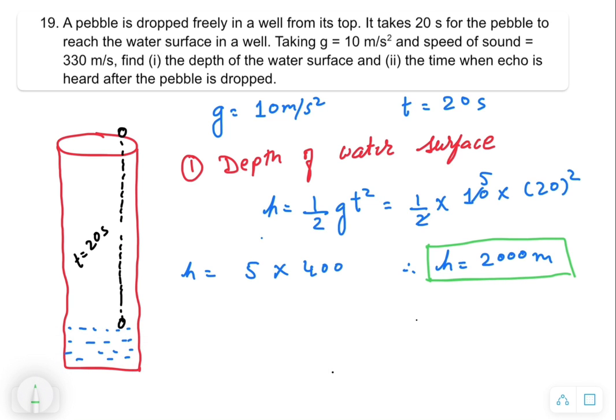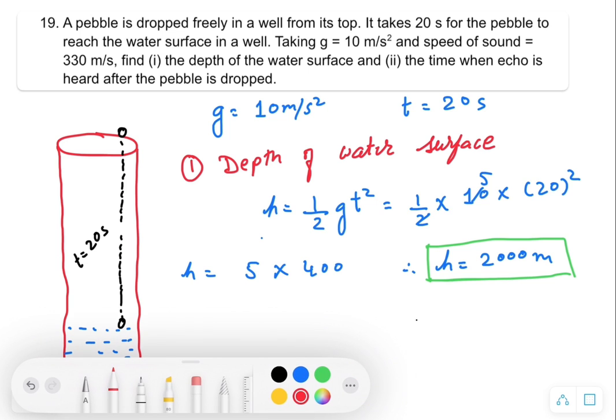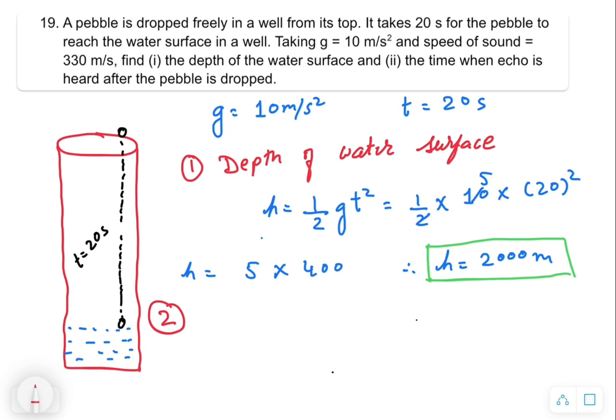Now we need to find the time when echo is heard after the pebble is dropped. Okay, so the speed of the sound is given, it is 330 meters per second.